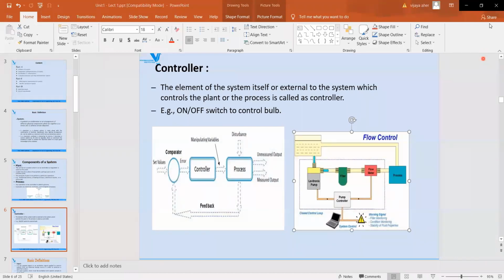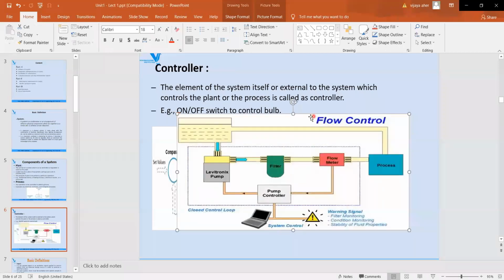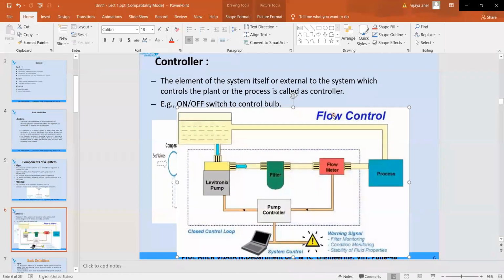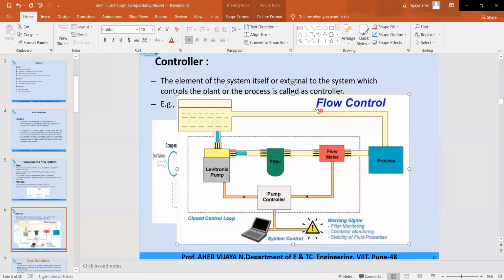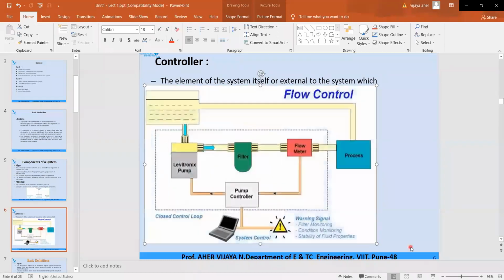Now this is nothing but an example of a control system. Is it visible, students? Yes, ma'am.